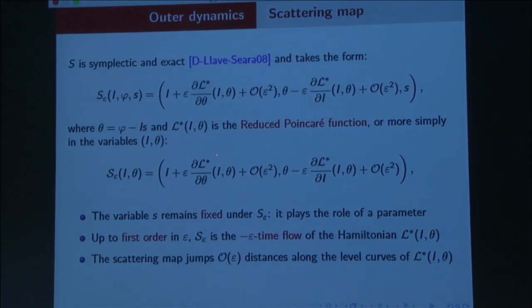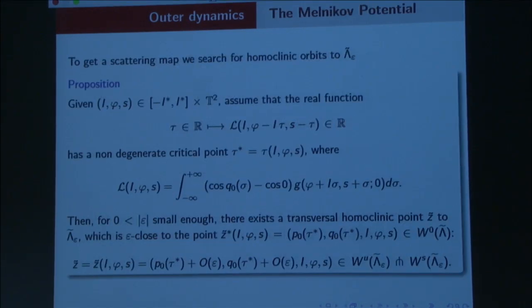And the important thing is, if at any moment I draw some phase portrait or the level curve of this, the scattering map only makes jumps of the order of epsilon in all these level curves. Okay, so now the problem is to look for this kind of strange function that is a reduced Poincare function. What is this?